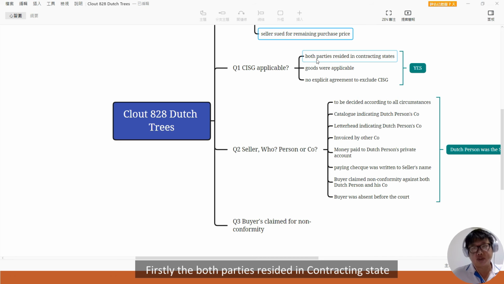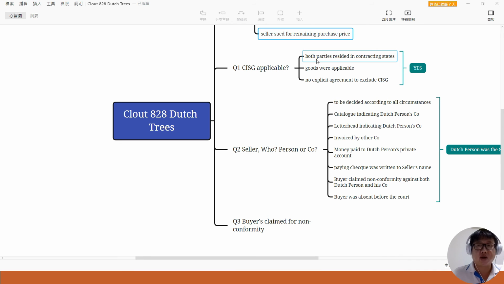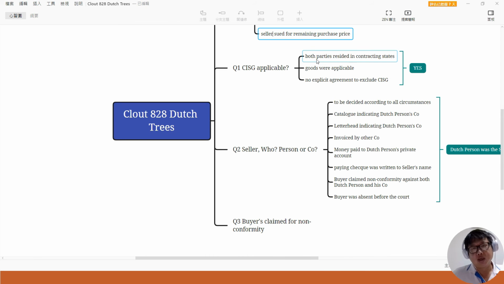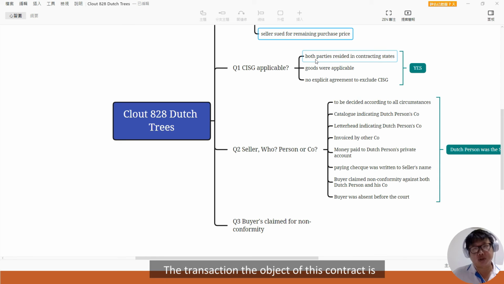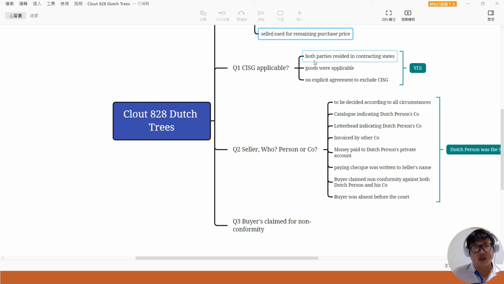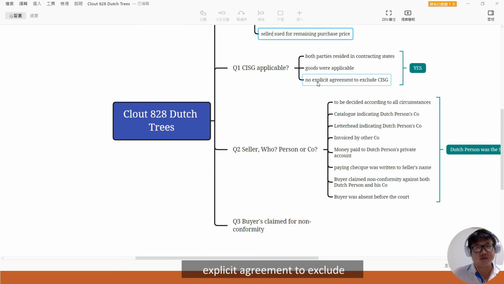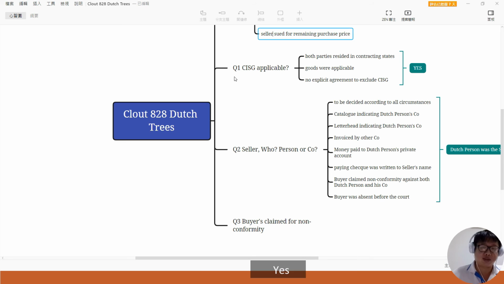Firstly, both parties resided in contracting states, one in Germany and the other in the Netherlands, and both countries are CISG contracting states. Second, the object of the contract is trees, which falls under the CISG, and there is no explicit agreement to exclude its application. So the answer to the first question is yes.